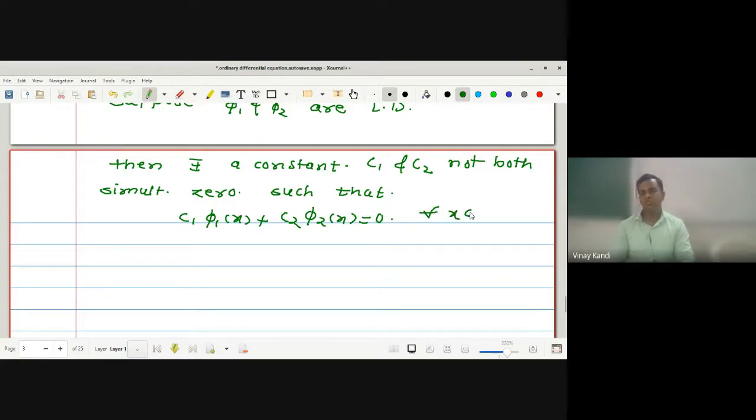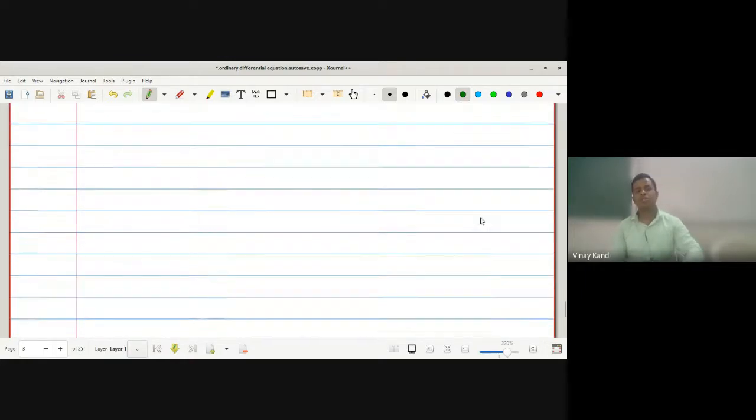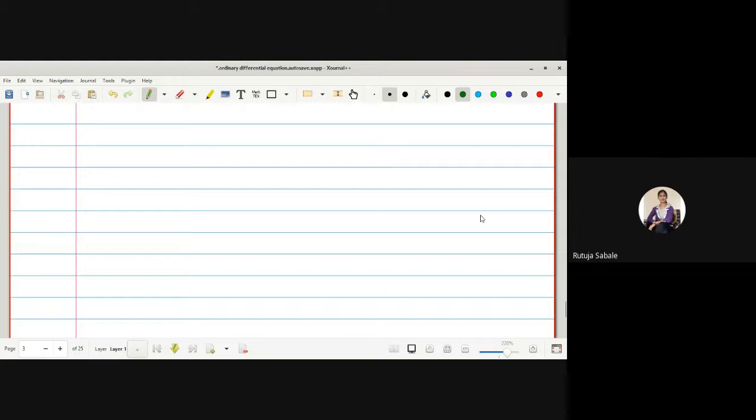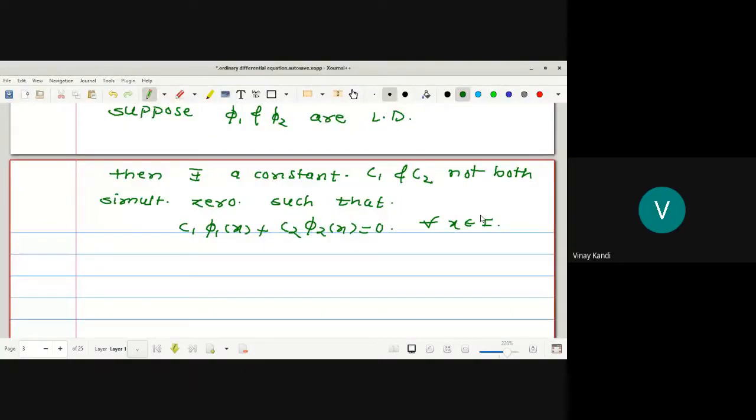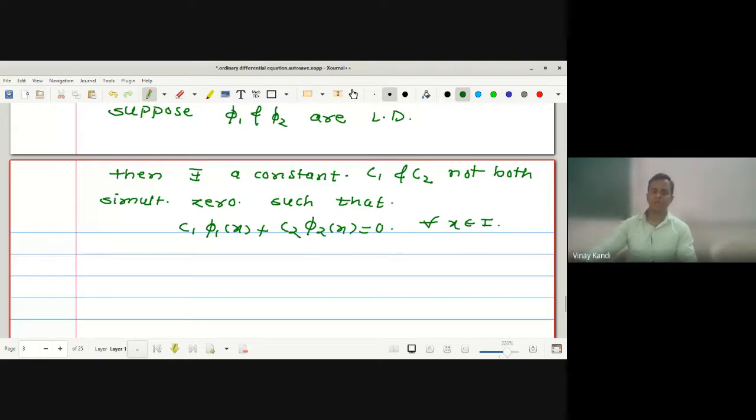Any doubt up to here? No, sir. Dependent solution means either C1 or C2, both not simultaneously 0, such that C1 phi1 plus C2 phi2 is equal to 0 for all x belongs to I. Now differentiate, give it as equation number 1.